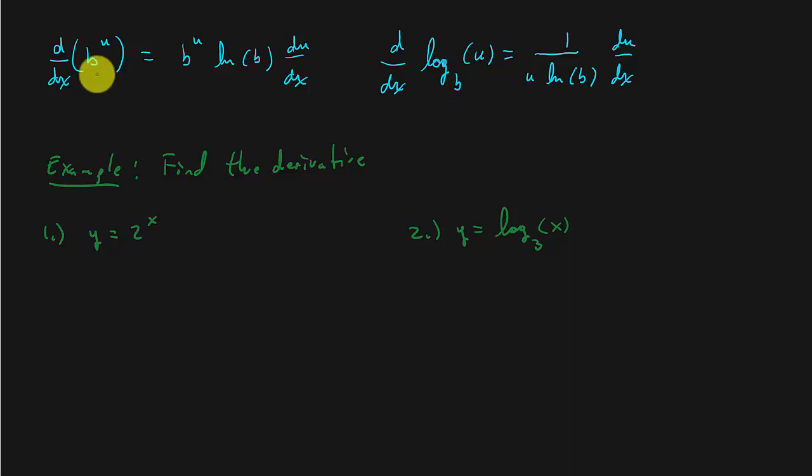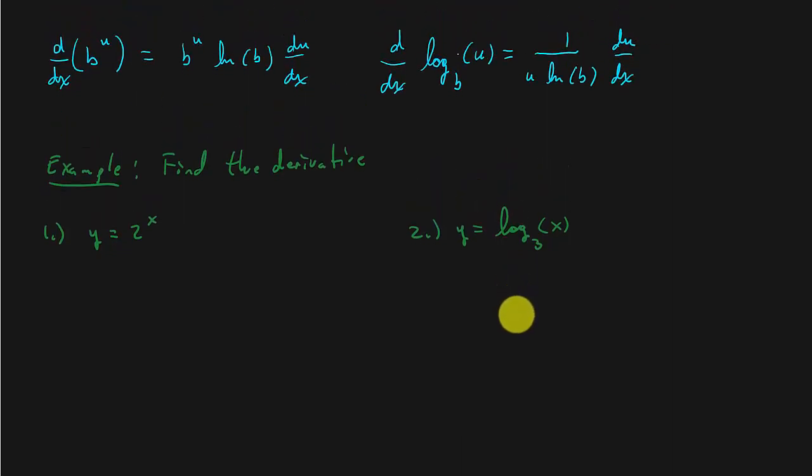The derivative of b raised to the u, where b can be anything, is b to the u times the natural log of the base times the derivative of the exponent. And the derivative of the log of u with base b is 1 over u, times 1 over natural log of b, times the derivative of what you're taking the log of.